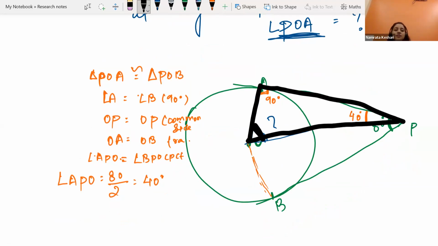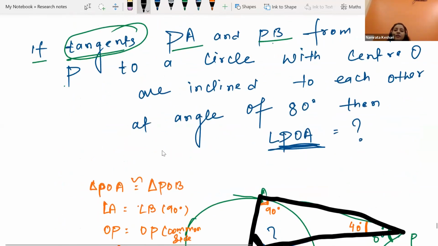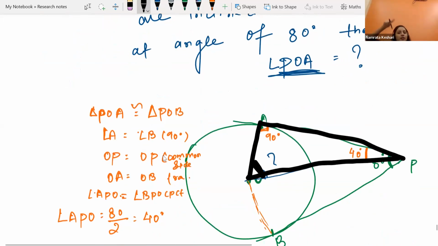First thing first, read the question very carefully. When I am writing the question, you are supposed to sit and read it. Here it says that two tangents are there, and the angle given in between both the tangents is 80 degrees. We have to find this black colored angle, the question mark one.